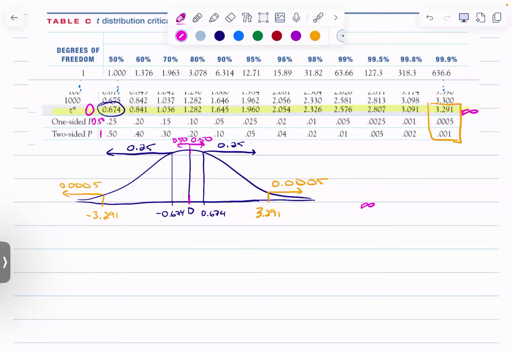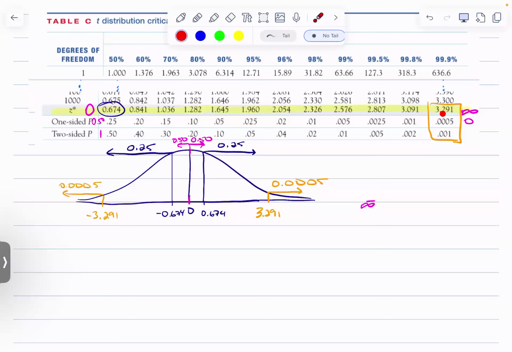Out here at infinity, once you get to infinity, the area past that is 0. So the area in the tail here is 0. But it's not until you reach infinity that you get an area of 0.